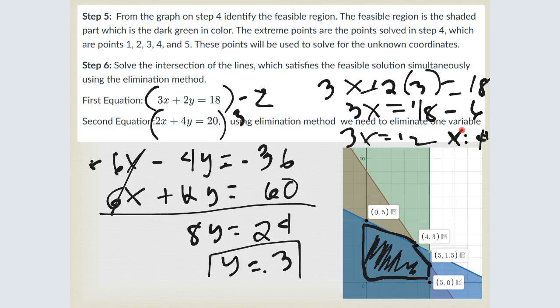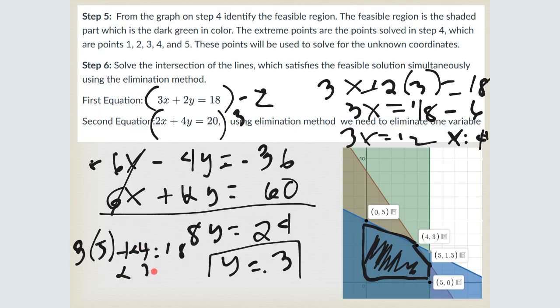Now, the other one is the intersection of 3x plus 2y equals 18 and x is equal to 5. So if x is equal to 5, for the first equation, that would be 3 times 5 plus 2y is equal to 18. We want to solve for y.